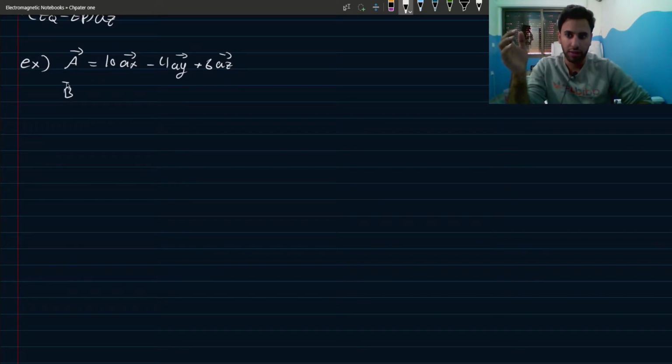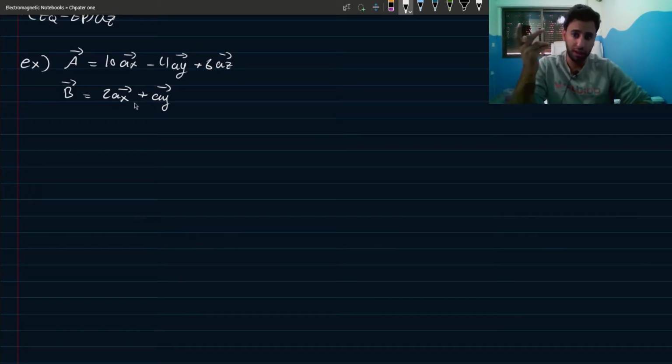And vector B, with a component of 2 in the x direction plus 1 in the y direction. If there are no components next to the unit vector, that is equal to 1. If there's an addition sign, then it's plus 1. If it's a negative sign, then it's minus 1.